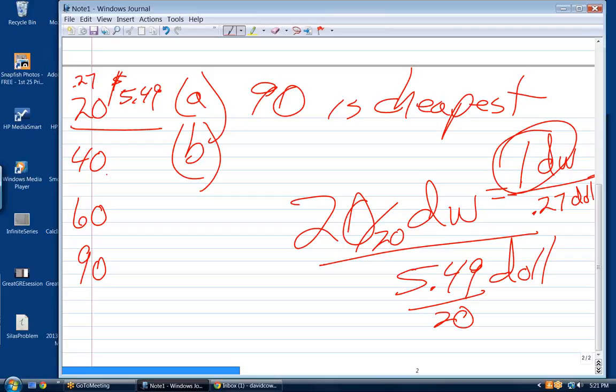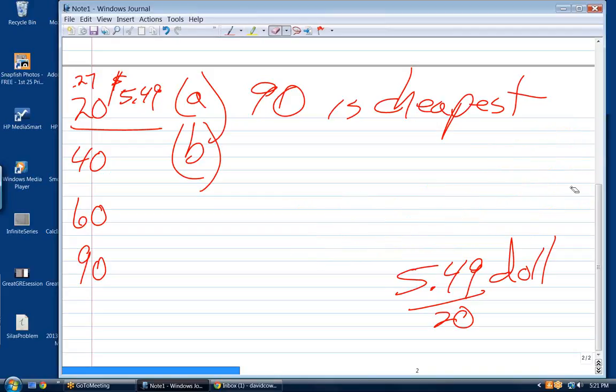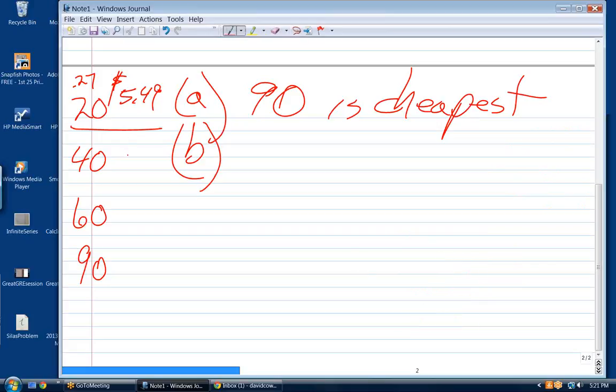And was 40 the next one? Yeah. How much did the 40 pack cost? One moment. No, there's no 40 pack. Okay, what was the next one? There is the 60-pack container. It sells for $10.97. Okay, so how are we going to figure out what one of these costs?